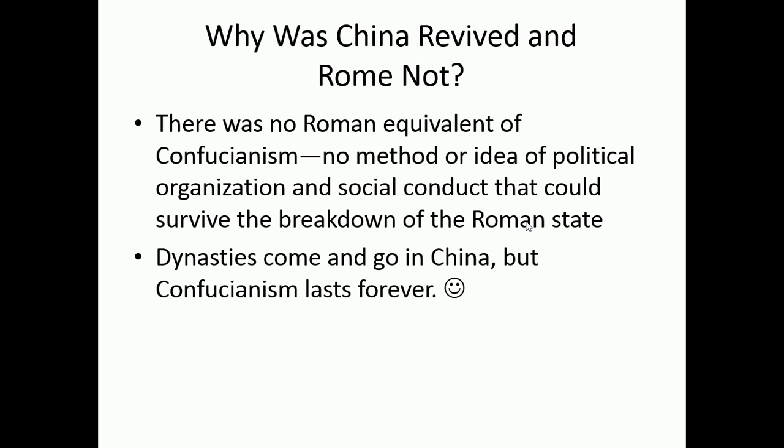Once Rome was unable to do those things, the ideology died out. In China, the ideology was Confucianism, a social and political order. And as the Han Dynasty died away, that idea of how one should properly behave and how social and political behavior should be regulated stays around, even though the central government is no longer there.